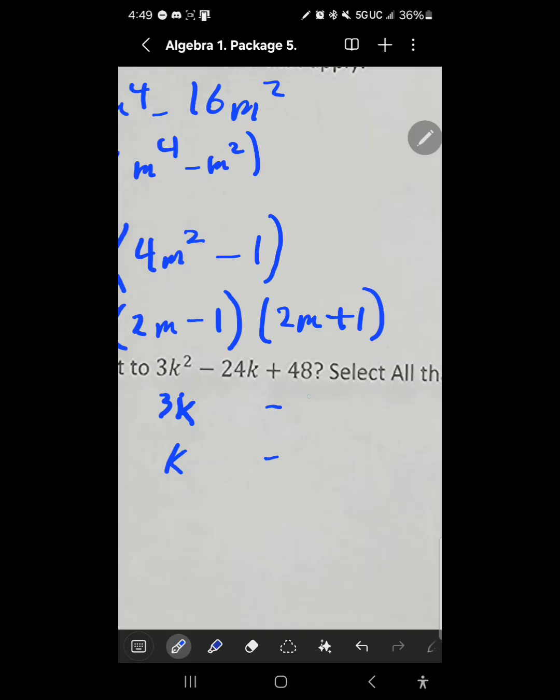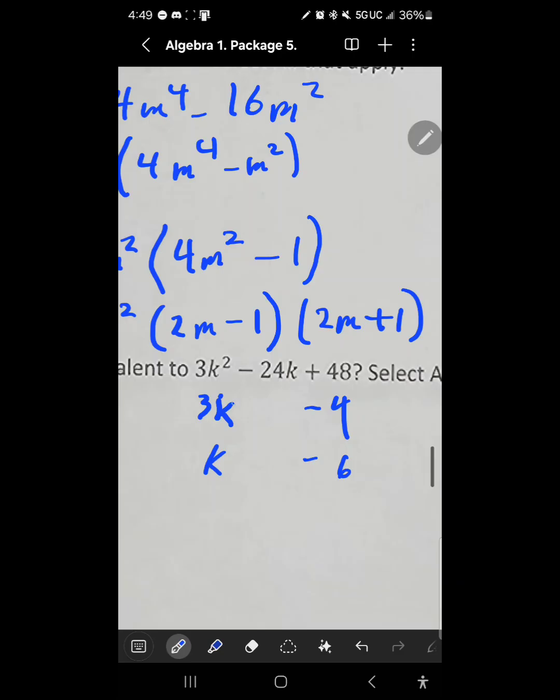So let's say 6 and 4, 4 and 6 in this order, and we cross multiply. So 6 times 3 is 18. Now it's going to give me 22.